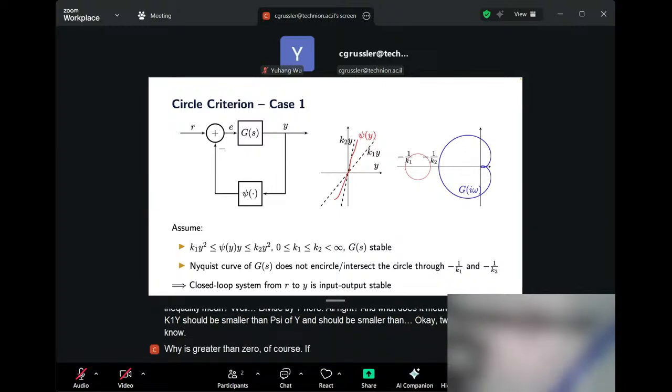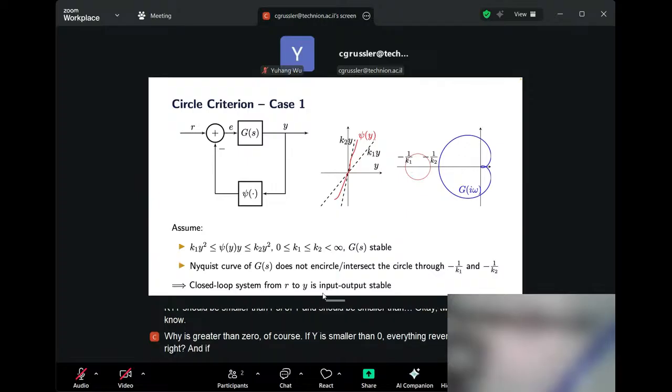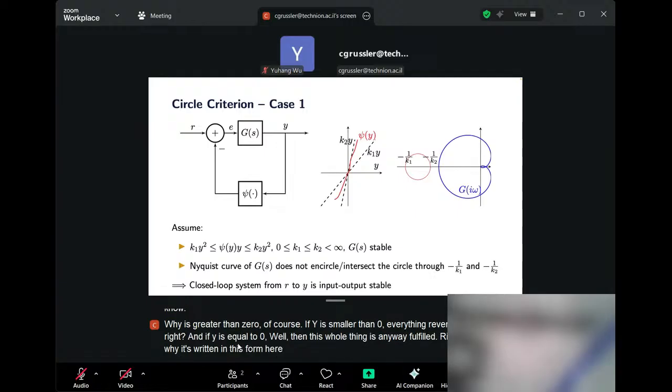If y is smaller than 0, everything reverses, obviously. And if y is equal to 0, then this whole thing is anyway fulfilled. That's why it's written in this form.